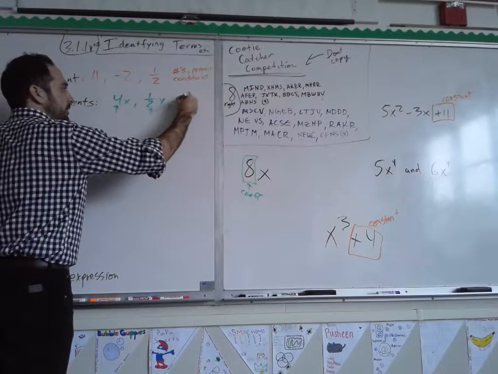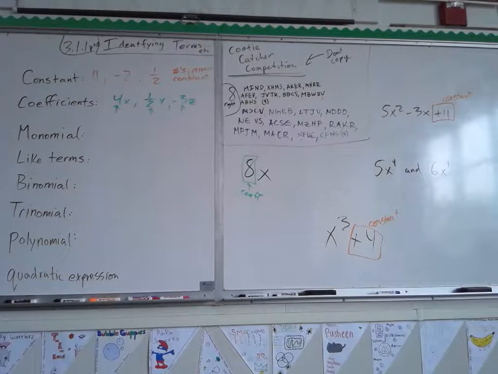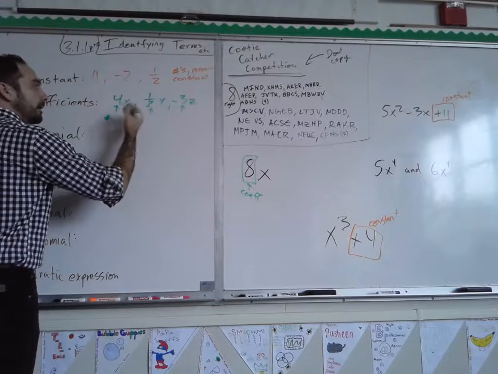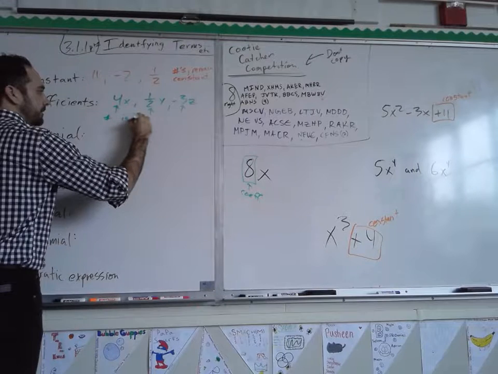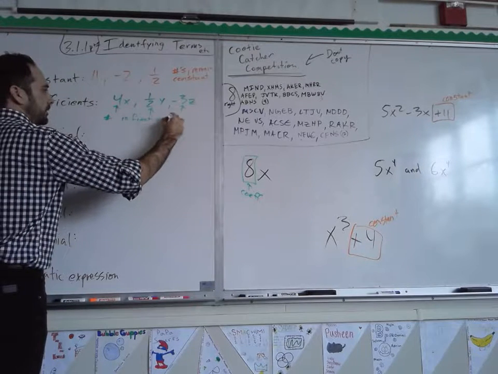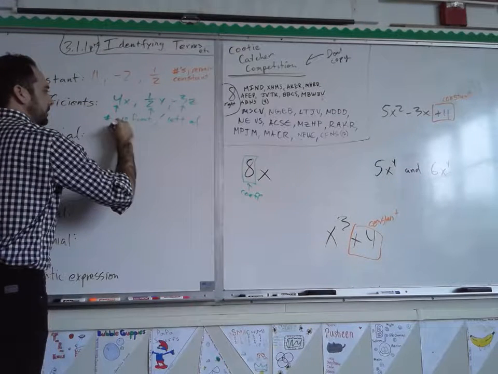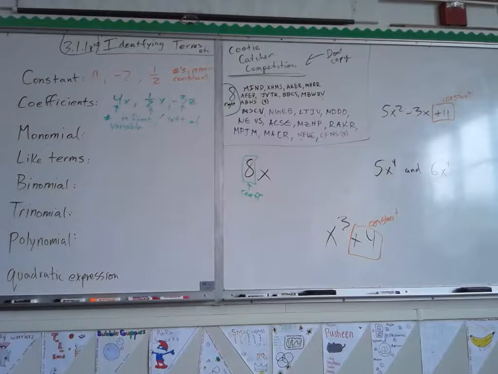So it's the -3, it's the 1/2, it's the 4, it's the number. I'm going to use the language you use. Well, I'll say in front or left of the variable. Coefficient. All right. Very good.